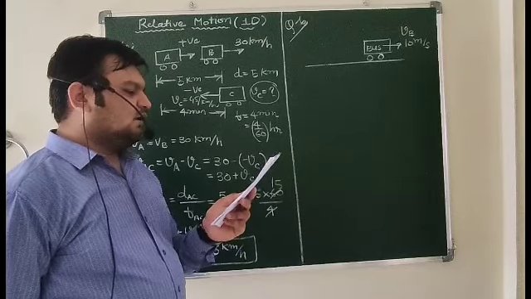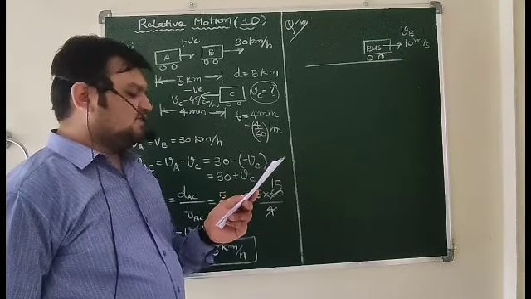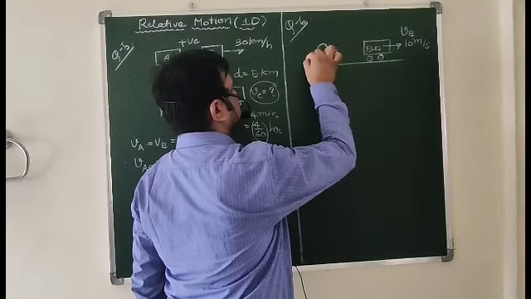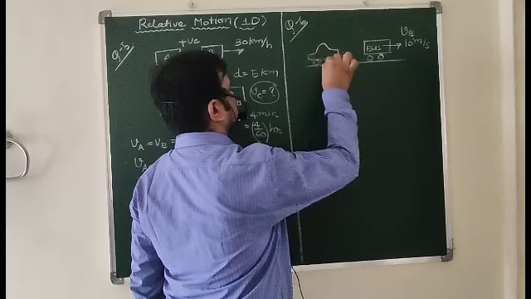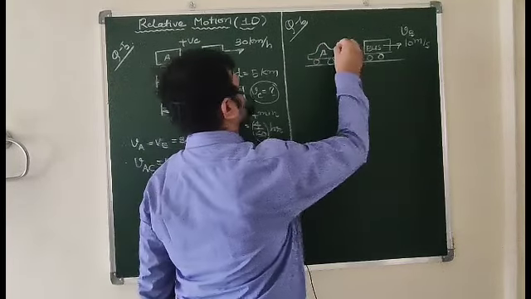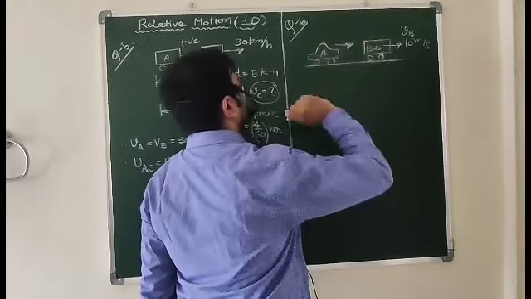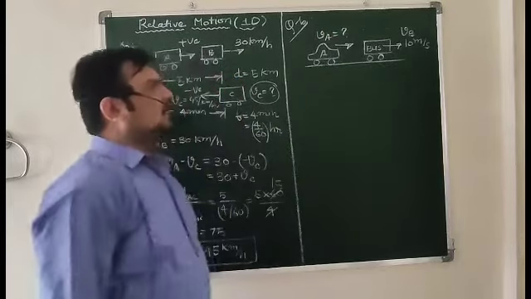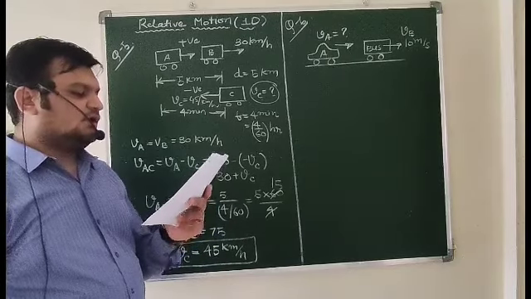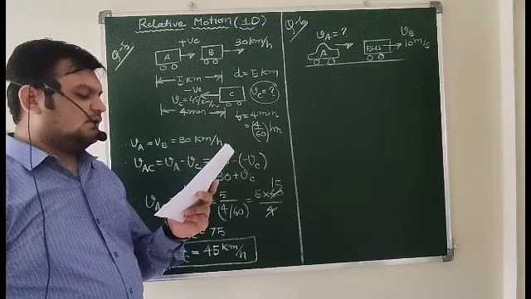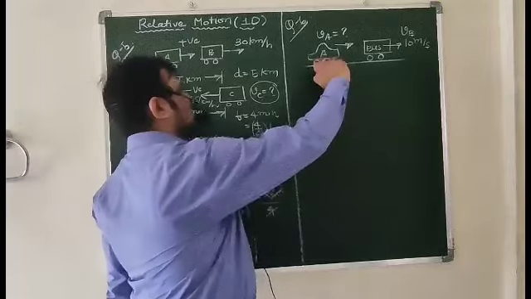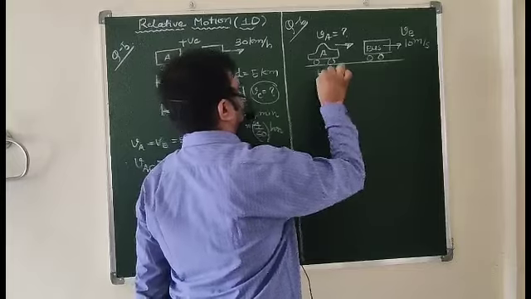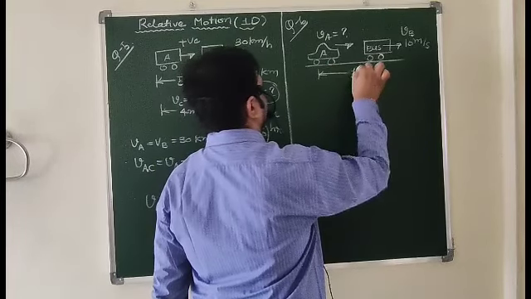Now a scooterist chases the bus. This is scooter A, and it chases the bus. The initial separation of the scooter and bus is 1 kilometer.